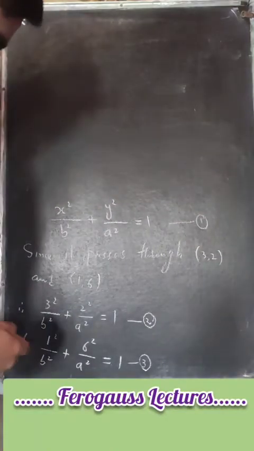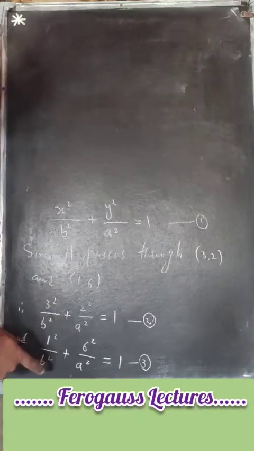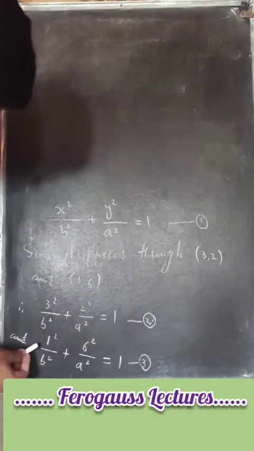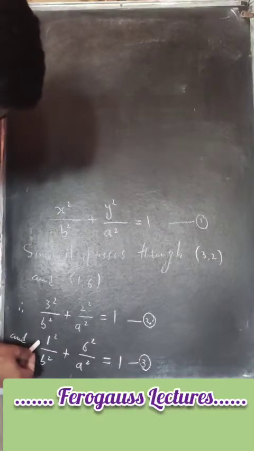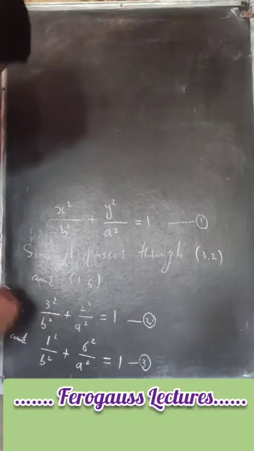Now, from these two equations we find a and b. For that, we multiply equation third by 3 square, and then we subtract equation second from equation third.